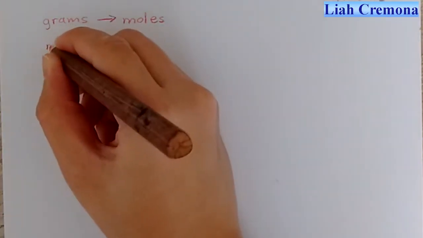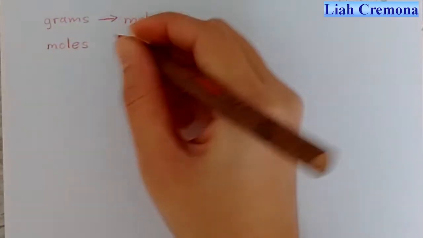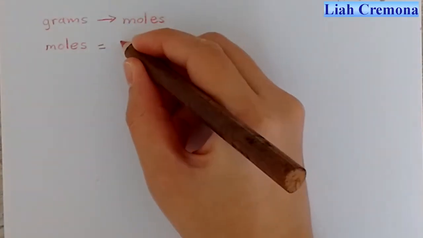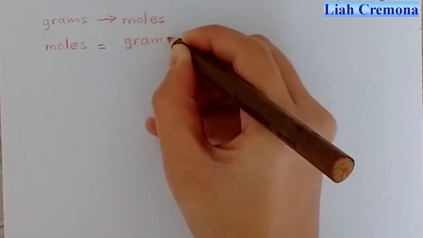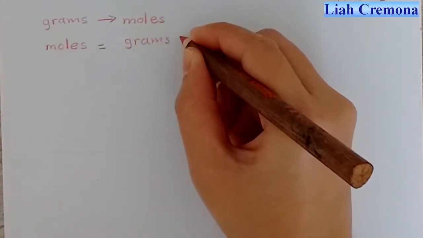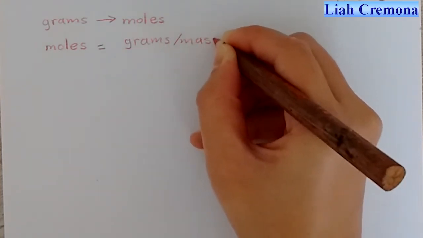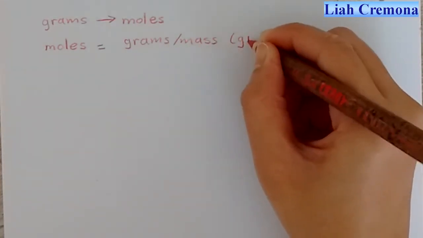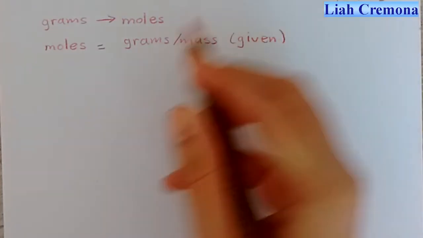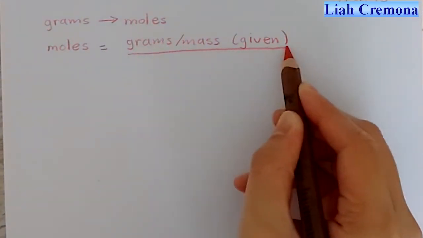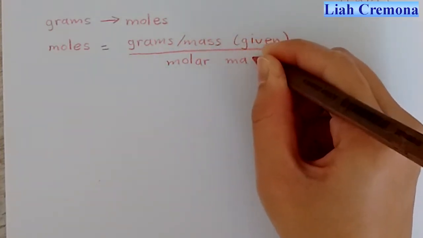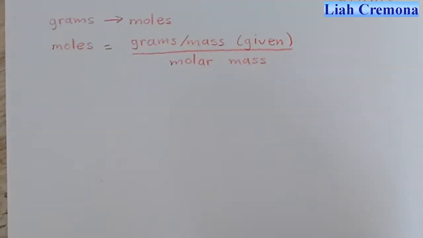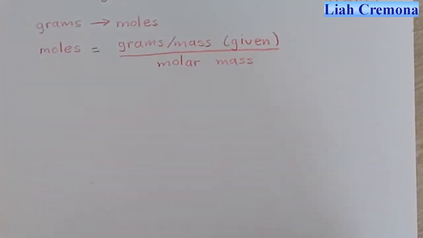The moles can be found by dividing the grams that are given, or mass, by the molar mass. And remember, the molar mass is the number of grams of that compound in 1 mole.